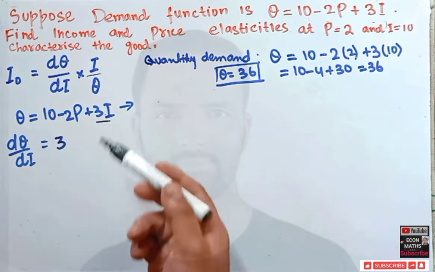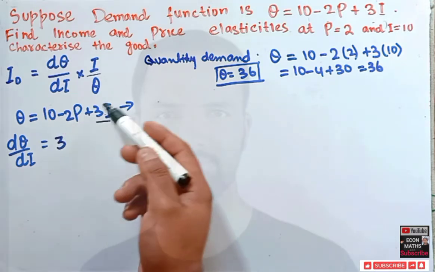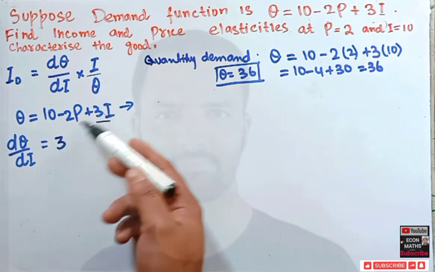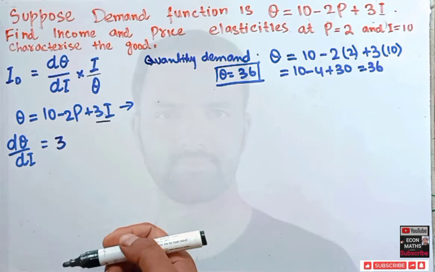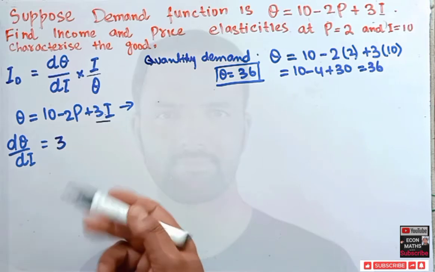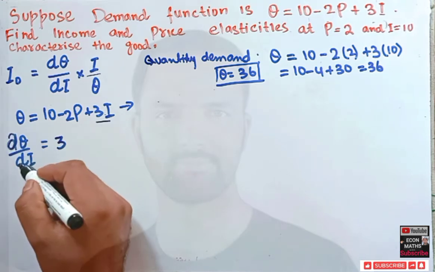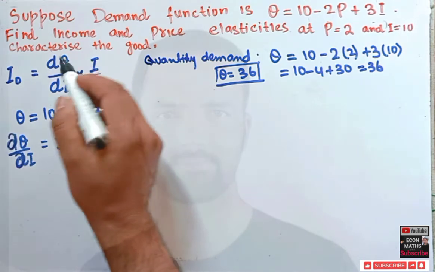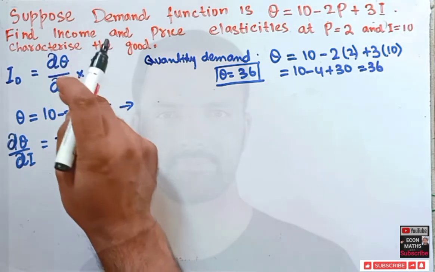Since in the last term we have the I variable, the derivative of I is 1, so we get 3 as our derivative. Actually it is the partial derivative here, because we have two variables here, so let me write it like this.